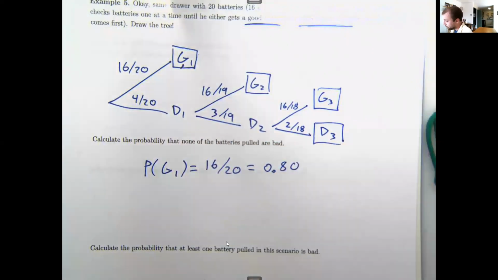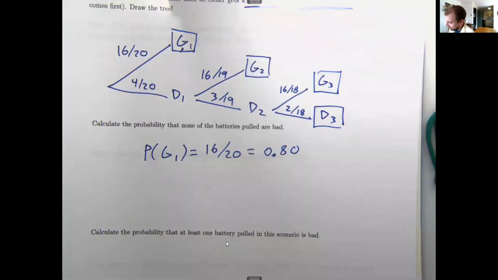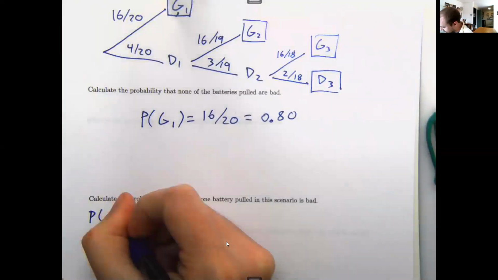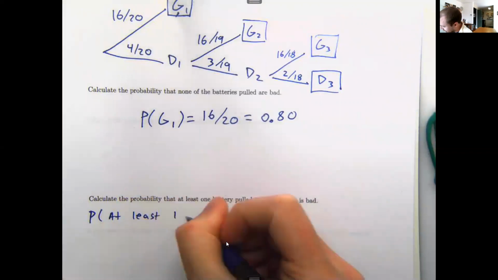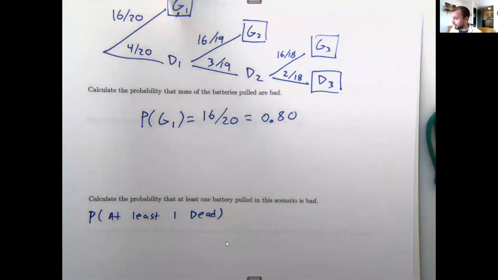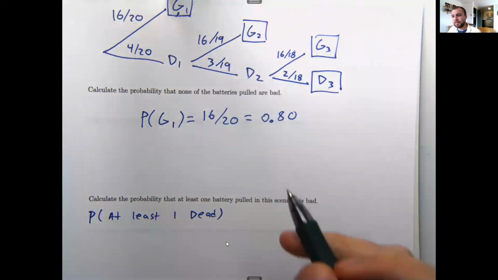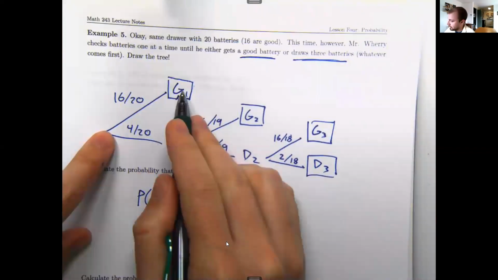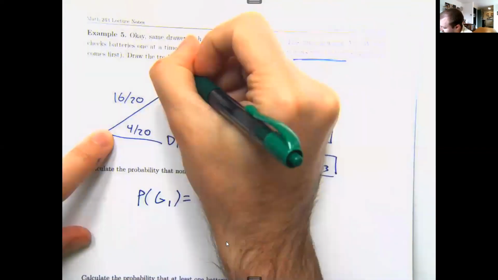The next one, what's the probability at least 1 is bad? So what's the probability that at least 1 is dead? So let's label these things with the number of dead batteries up the top, just so you can see what's going on. This good, this had 0 dead batteries.